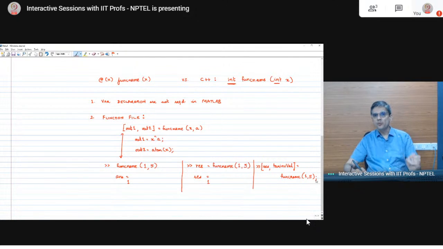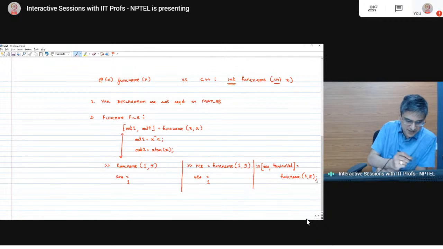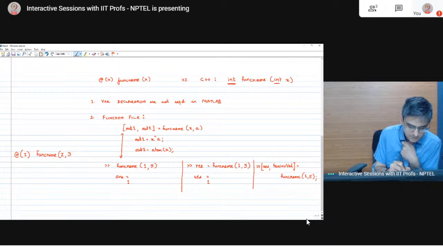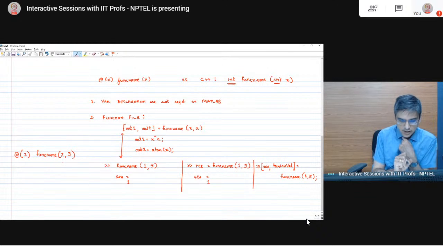Now the other reason to use functions is to be able to really use them as f of x. If you want to use them as f of x, you can call them as, let's say, at z. What does this tell Matlab?